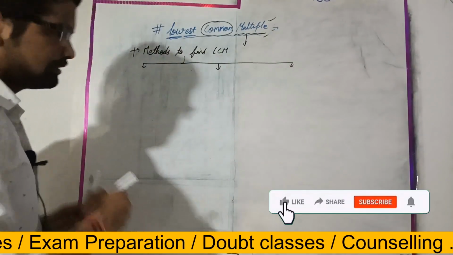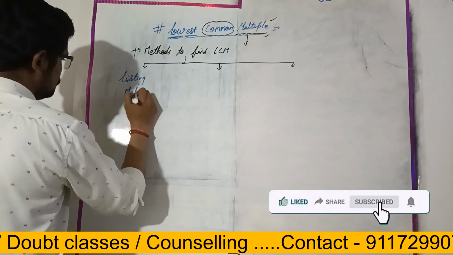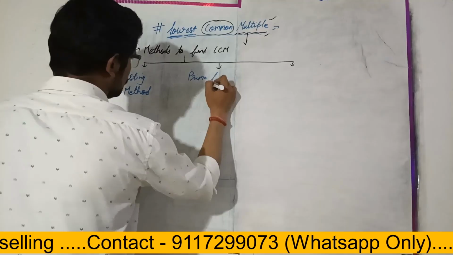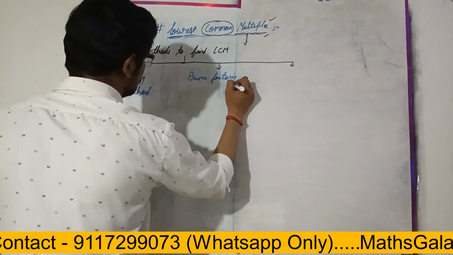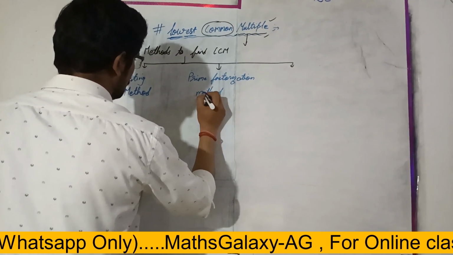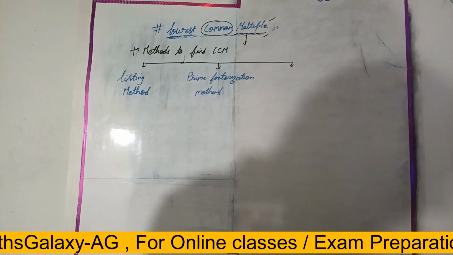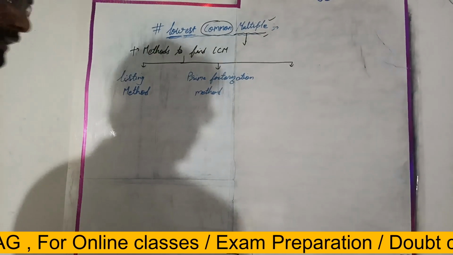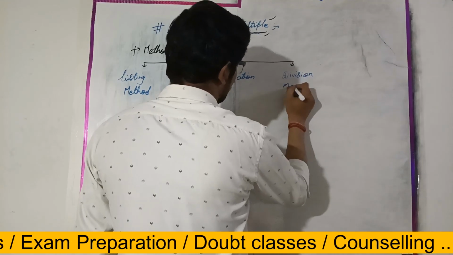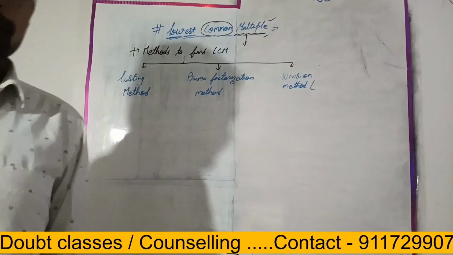The first is the listing method, the second is the prime factorization method, and the next one is the factor or division method. It is also known as long division.